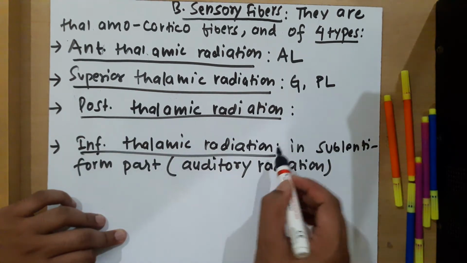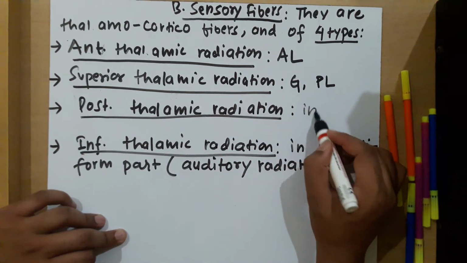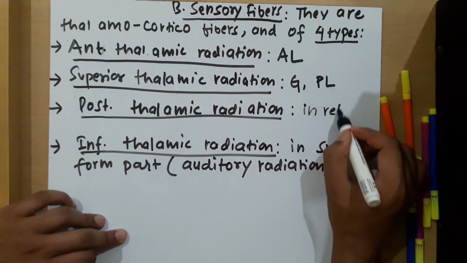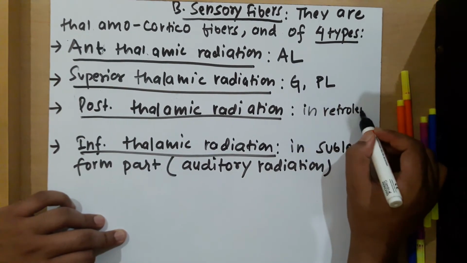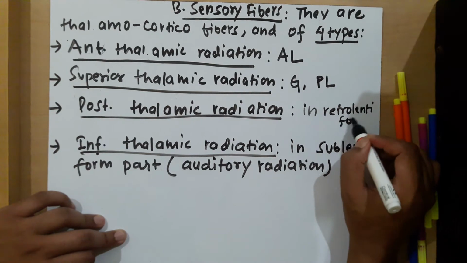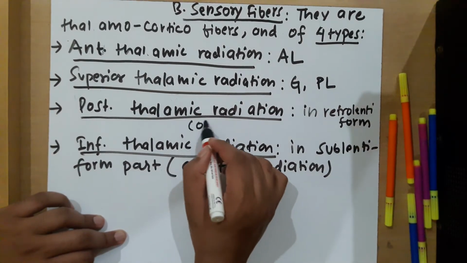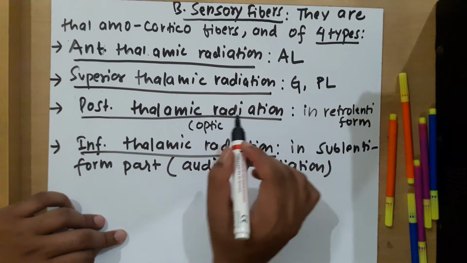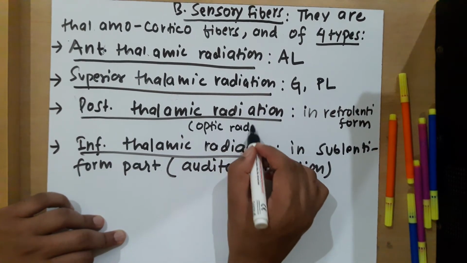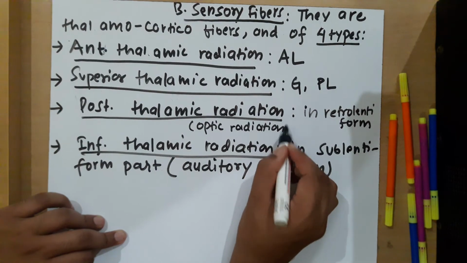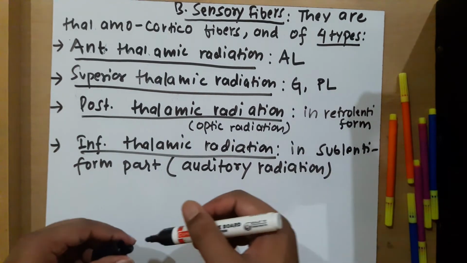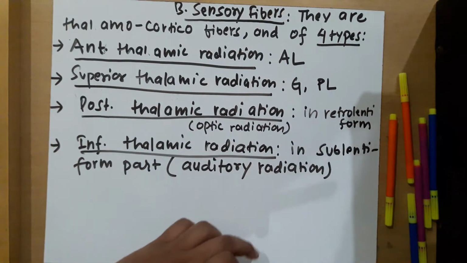Posterior thalamic radiation is in the retrolentiform part, and this is also known as optic radiation. So how to remember which one is optic and which one is auditory, so that we don't get confused?